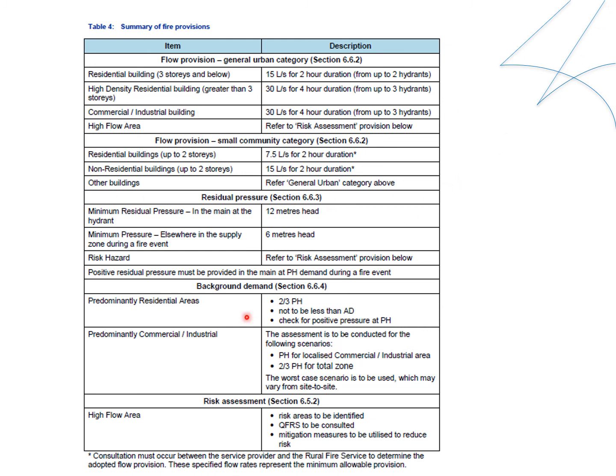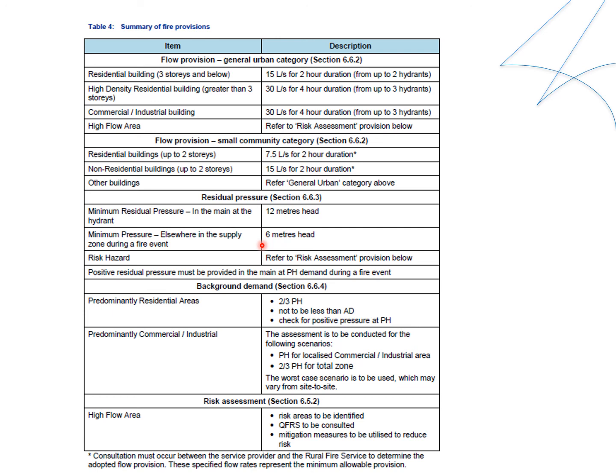Now, the other thing we need to check for the fire simulation is the pressure during the peak hour. So these things we check during the background demand, but we also need to check if the time is the peak hour demand. That is, during the peak hour, if the fire event happened, what should we do?